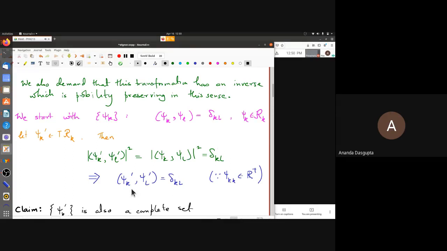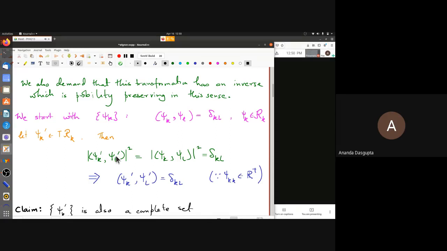My claim is, this immediately tells you that the inner product of psi k prime and psi l prime, not the mod square, but the inner product, is also delta kl. How do I prove that? All that the symmetry transformation has proved for us is about the inner products of psi k prime and psi l prime. Psi k prime is what I get when I pick any vector from TRk, psi l prime picked from TRl. So their inner products' modulus square is delta kl.